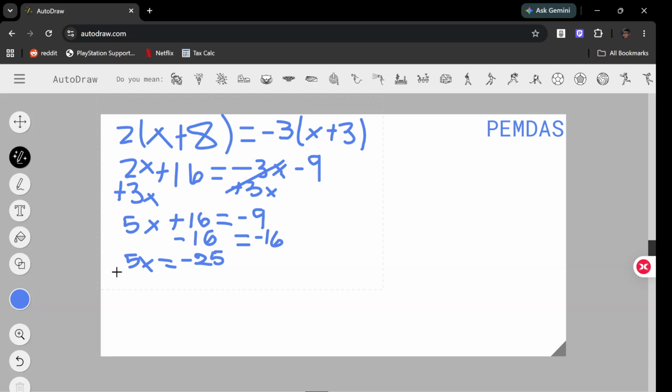And at the end, if I want x by itself, I divide both sides by the number in front of x. Then we get x equals negative 25 divided by 5, which is just 5. And remember, you cannot forget the negative sign. So it'll be negative 5.